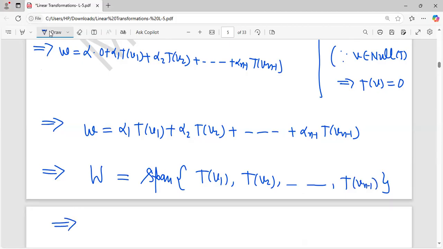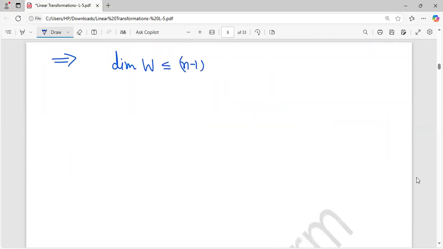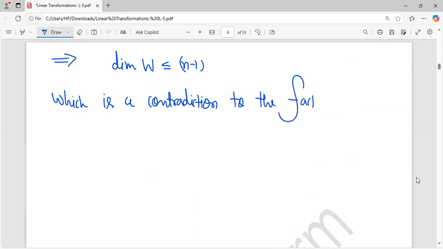So this implies the dimension of W is less than or equal to n minus 1, which is a contradiction to the fact that the dimension of W is actually n.